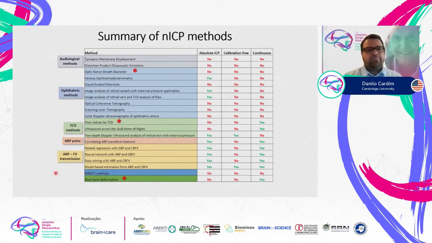And there are also methods correlating the arterial blood pressure to the cerebral blood flow velocity transmission, mostly using advanced mathematical techniques such as data mining and neural networks.